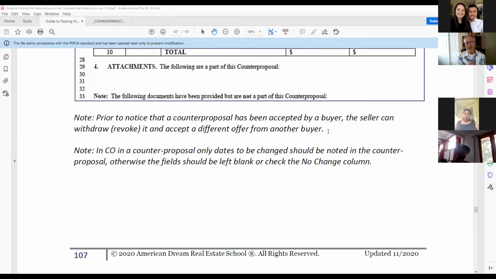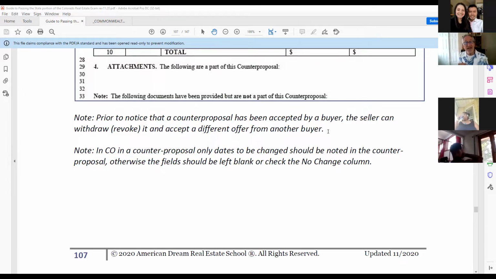Offer comes in and the seller writes up a counter proposal, sends it over to the buyer. The buyer's contemplating the counter the seller has sent over. Meanwhile, another offer comes in. The seller can entertain and accept that offer. You'll just need to withdraw that counter since the buyer hasn't communicated that they've accepted it.